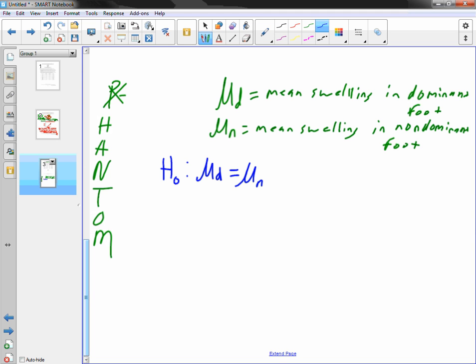You could have said that the swelling in the dominant foot minus the swelling in the non-dominant foot would equal 0. Okay, but either way you want to do it is fine. And they just asked for a difference. They didn't say that one of them was smaller or greater than the other one. So our alternative hypothesis is just going to be that these two things are not the same. Okay, they're not the same. So there's our hypotheses.